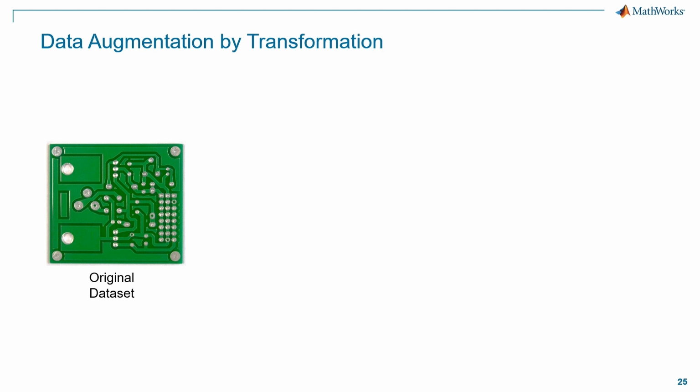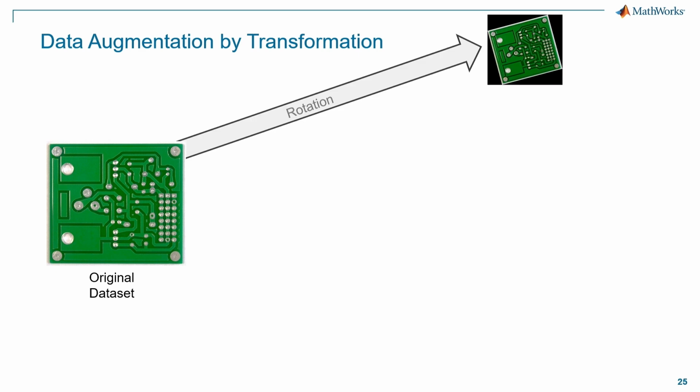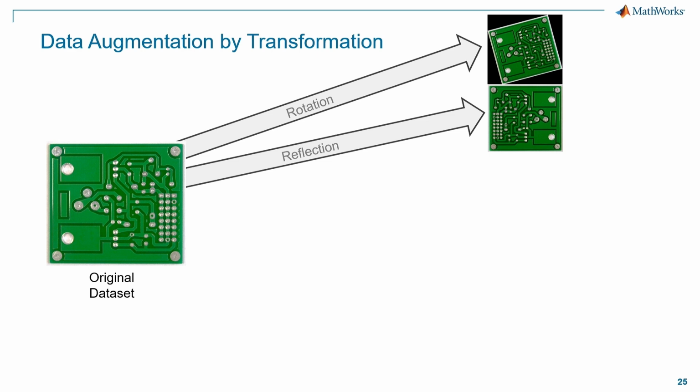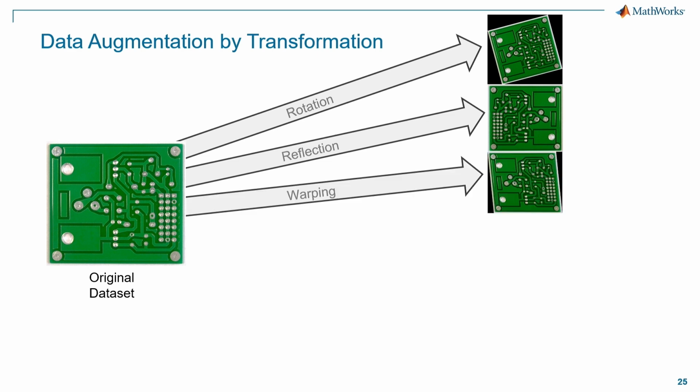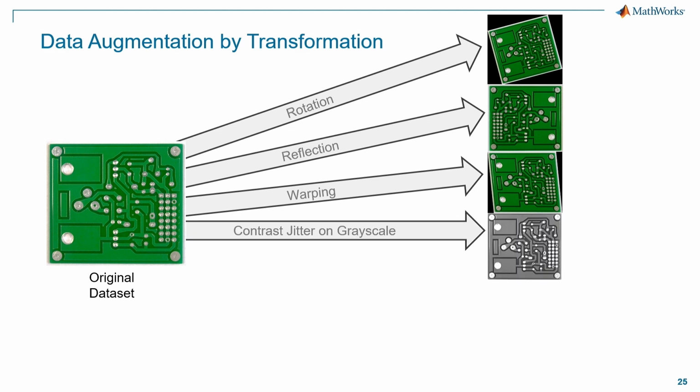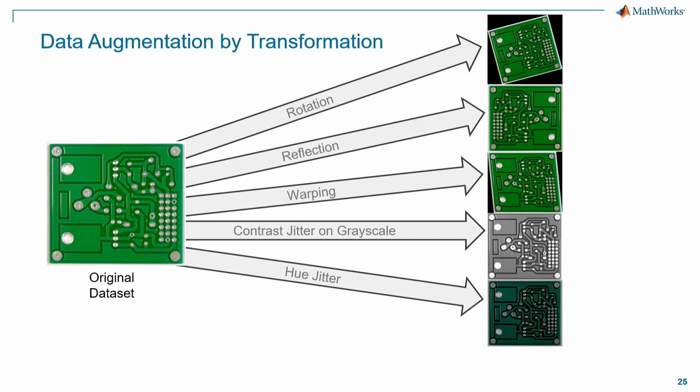There's a way we call data augmentation by transformation. You have your original data set, and then you can rotate it, or reflect it, basically a mirror reflection, or warp it, kind of twist it, or apply contrast jitter on the grayscale, and hue jitter, basically different colors. Then you can create multiple massive data sets based on the original one.